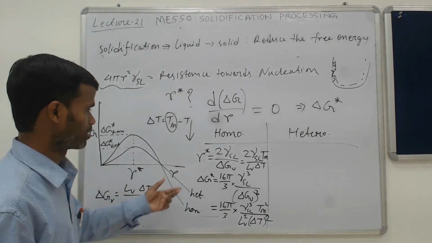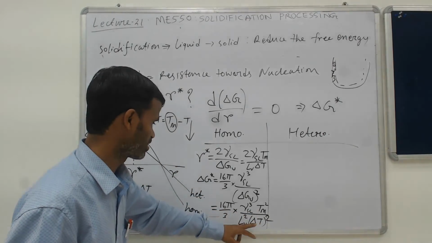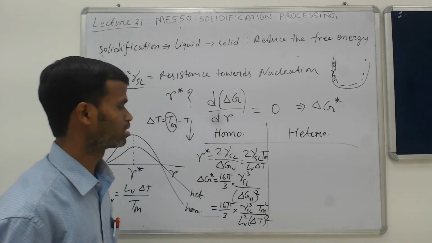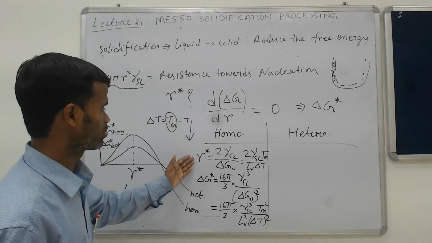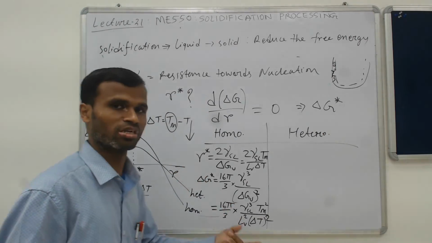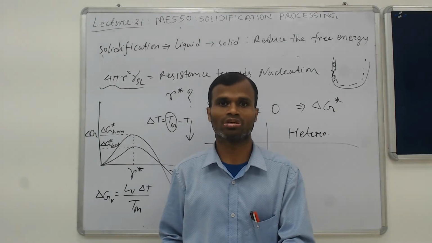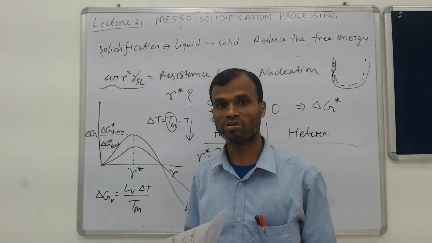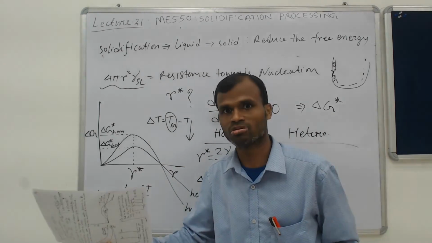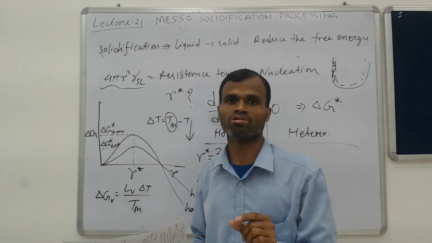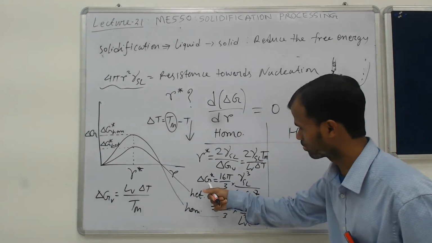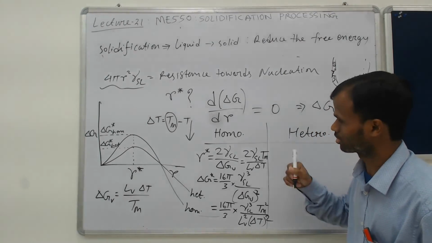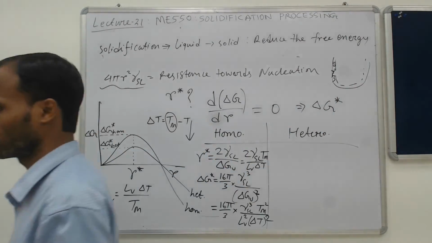So now you see this quantity delta G star is more dependent on temperature. If you go for undercooling, the activation energy also reduces faster compared to the critical size. So the nucleation rate will also be very high. A large number of nuclei of very small size will be formed because of the lower value of delta G star, because it is proportional to 1 by delta T square, whereas R star is 1 by delta T. So this you should remember.